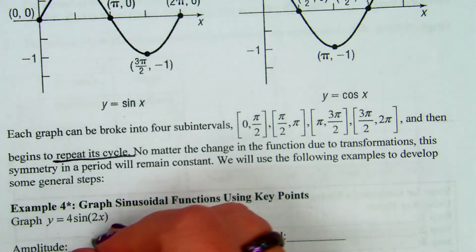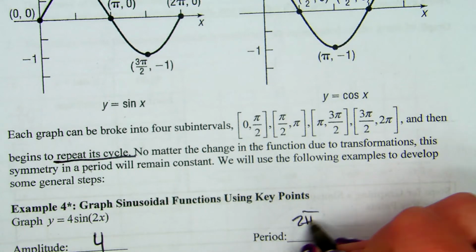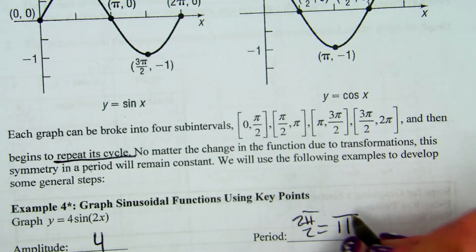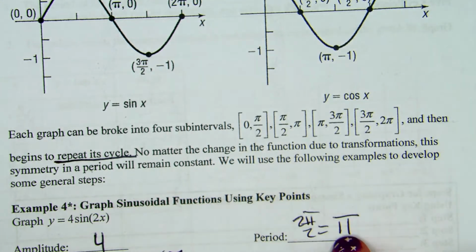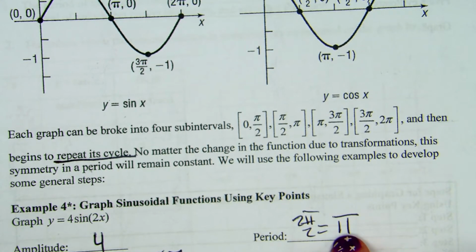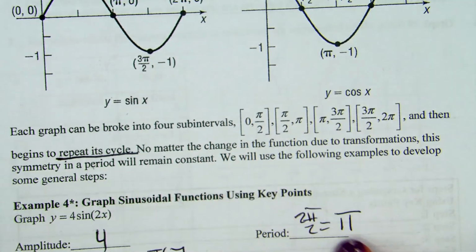So if we use this example, the amplitude is 4. The period is 2 pi over 2, which is pi. The subintervals are from 0 to pi over 4. You divide by 4 because there are 4 subintervals, and pi divided by 4 is pi over 4.